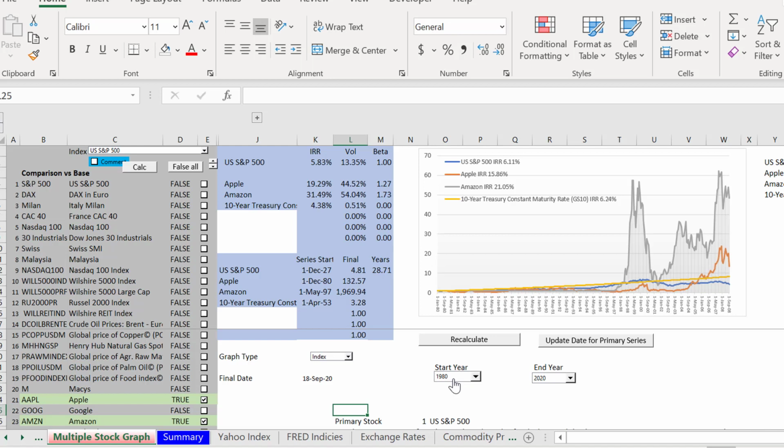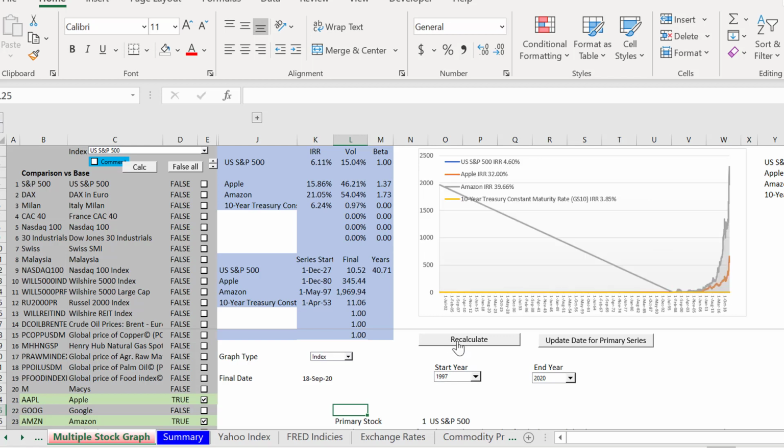Amazon went way down and then way up. Over the long period of time, the IRR on Apple was 19%, and the IRR on Amazon, we should have started in 97.